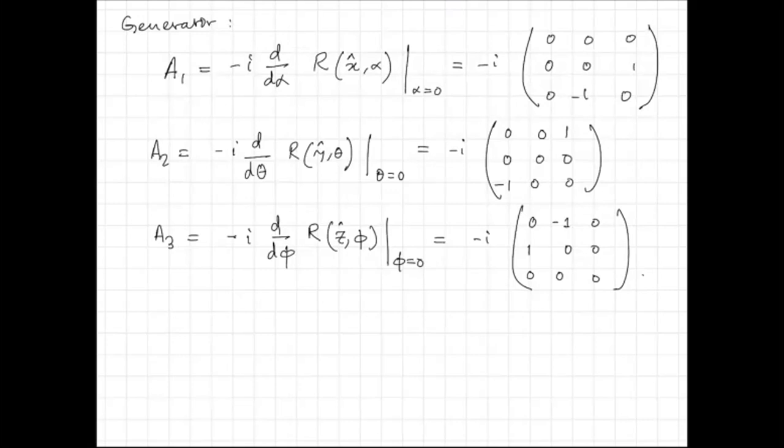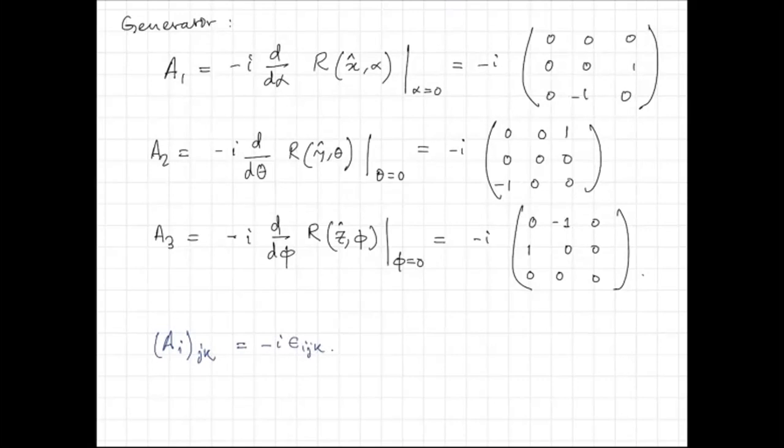You can think of this as A_i jk. So let's call this (A_i)_jk. So this is equal to minus i epsilon_ijk. Okay. This should be very, very clear.